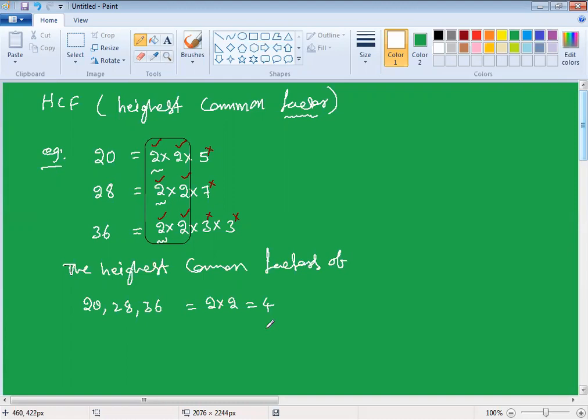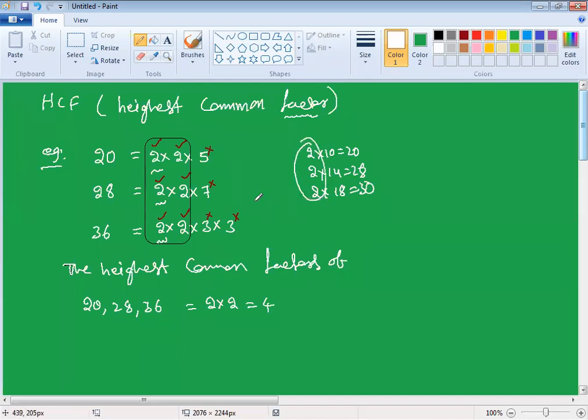Highest common factor. This is very easy to understand. These 3 numbers are divisible by 2. 2 tens are 20, 2 fourteens are 28, 2 eighteens are 36. So 2 is a common factor.